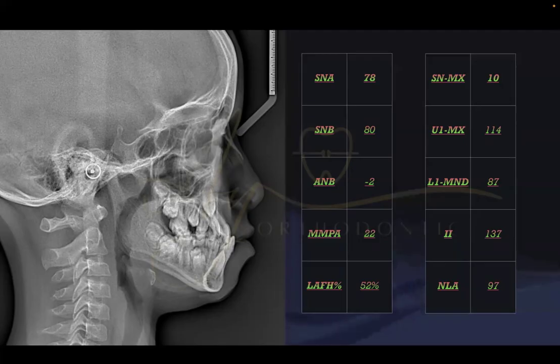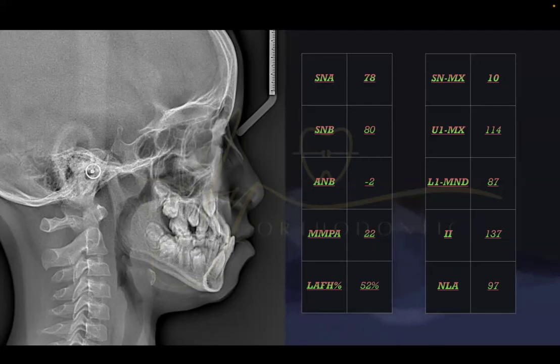You need to be a little bit faster to be able to ask you about the treatment planning, such as rapid maxillary expansion and face mask. I need you to answer the diagnosis part, all of it, in just 3 or 4 minutes. You know the correct answer and you are answering properly, but you need to be a little bit faster. Okay, thank you.